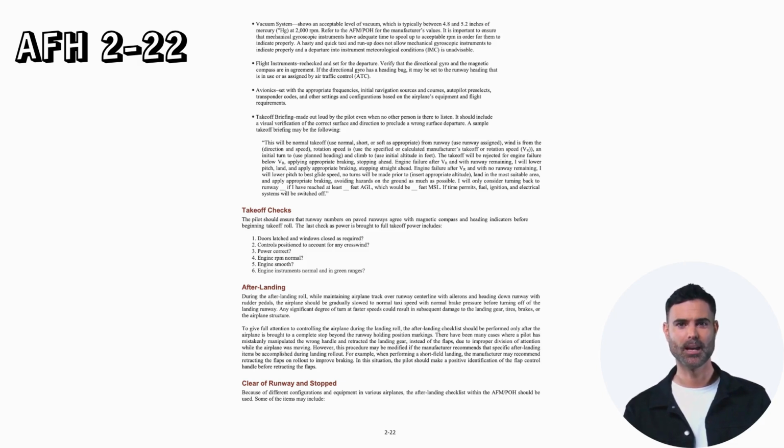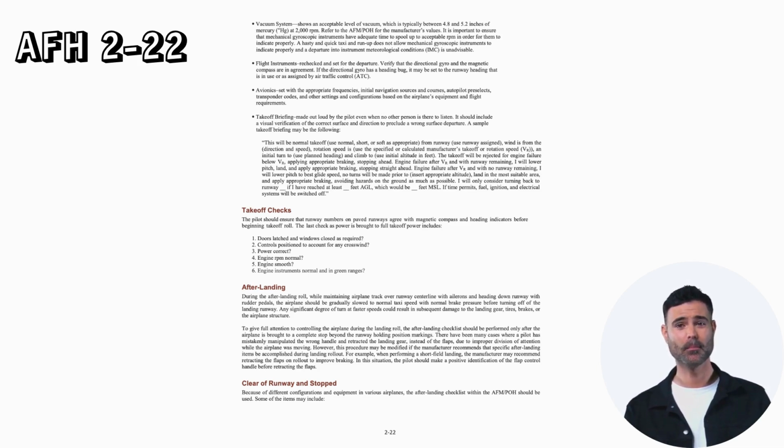No turns will be made prior to the appropriate altitude, land in the most suitable area, and apply appropriate braking, avoiding hazards on the ground as much as possible. I will only consider turning back to the runway if I have reached at least a specified number of feet AGL, which would be that number of feet MSL. If time permits, fuel, ignition, and electrical systems will be switched off.